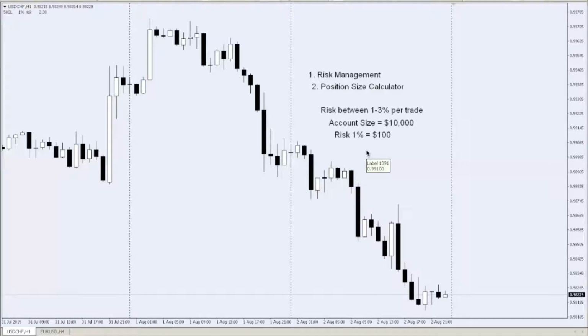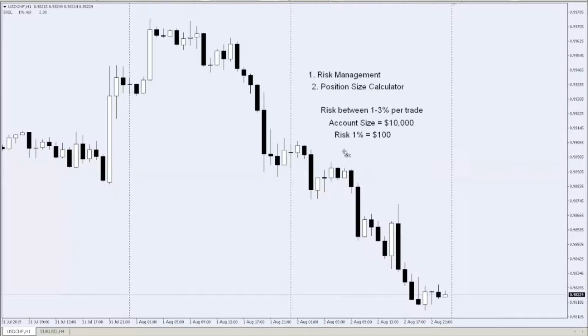The reason is that if you always use one standard size, for example 0.1, and this trade has a large stop loss, it's going to damage your account. Naturally, if the stop loss is wider, you have a smaller position size, and if your stop loss is smaller, you have a bigger position size.